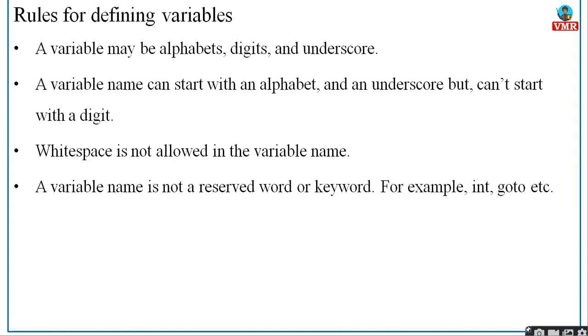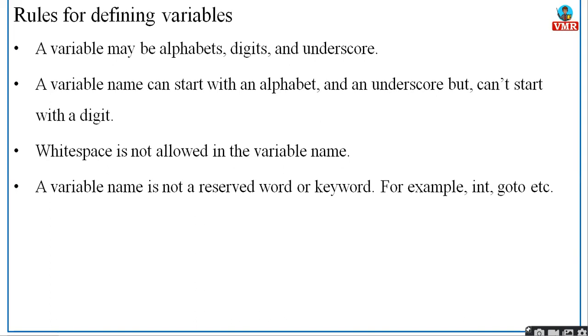How are we going to declare a variable? Data type, variable name, semicolon. How are we going to initialize the variables? Data type, then variable name, and then you are going to give some value. How are we going to assign the value? Data type and the variable name, semicolon. Somewhere you will be assigning the value for that. Okay. So this is what regarding variables.